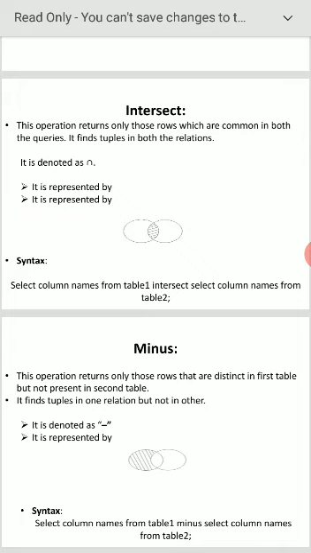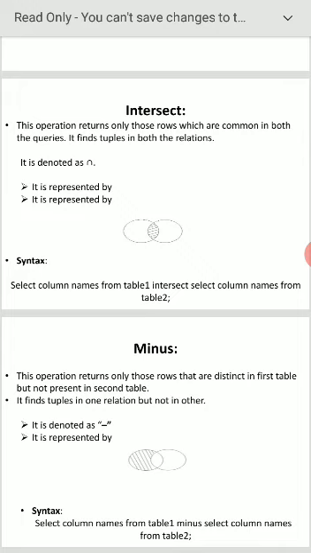Once again, a recap. Unary relational operations are performed on only a single table. Binary operations are performed on two or more tables, not on a single table. That is the difference between unary as well as binary. There are different operators in SQL: union, intersect, minus.